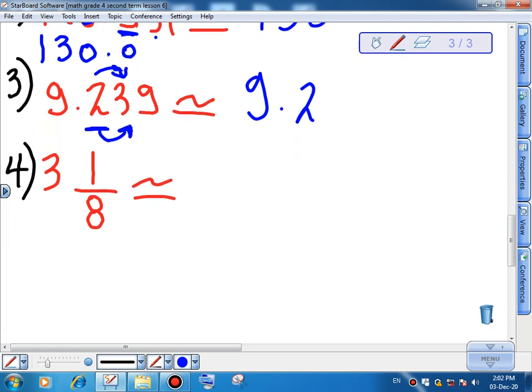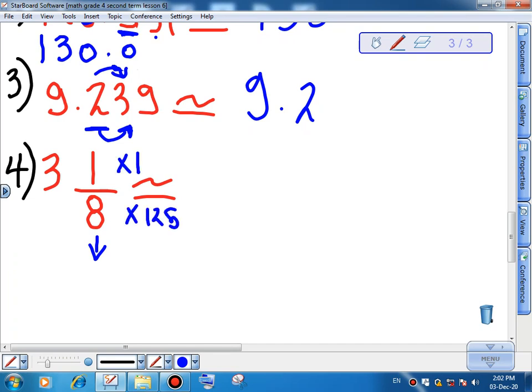Now 3 and 1 over 8. I need to approximate this number to the nearest tenth. But I have a fraction. Now I need to transform this fraction to get a decimal. How? By multiplying by 125.